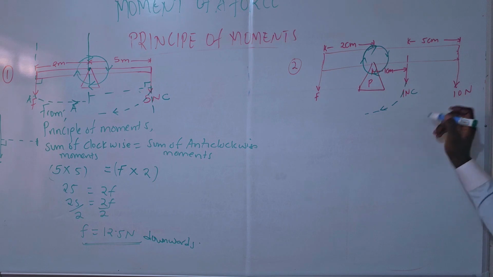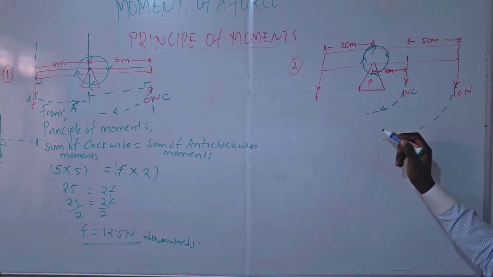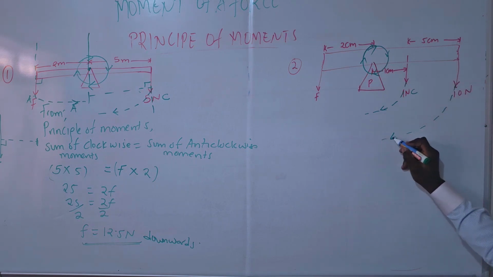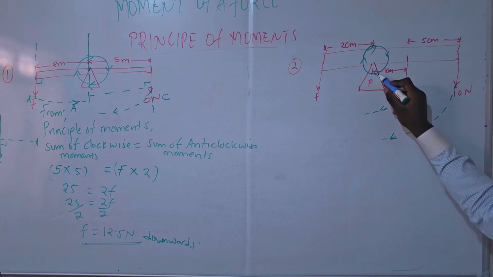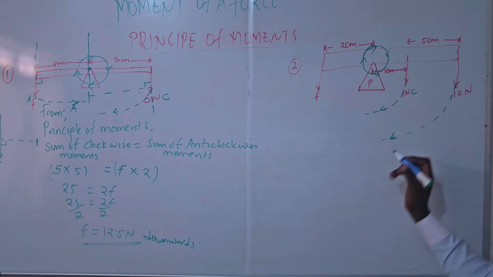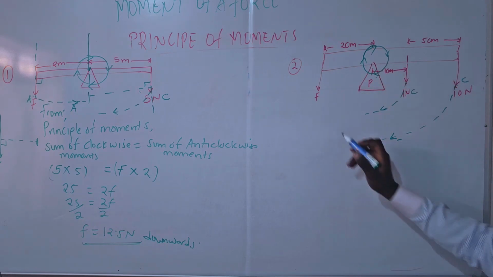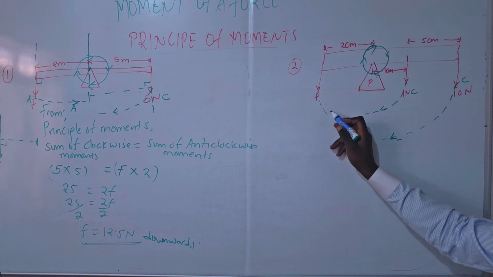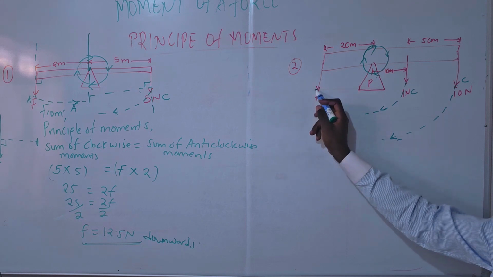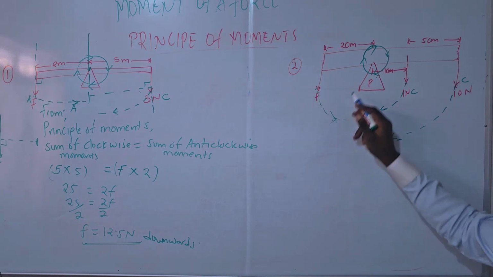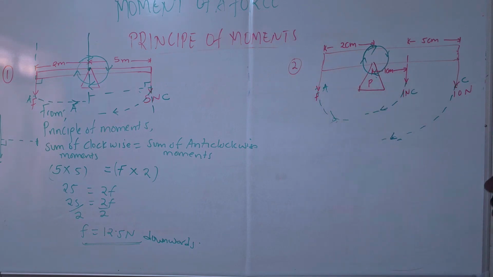This is clockwise. Do the same, put an arrow in continuation, compare, same direction, it is clockwise. Do this, bend, put an arrow similar to this, then compare: anti-clockwise.